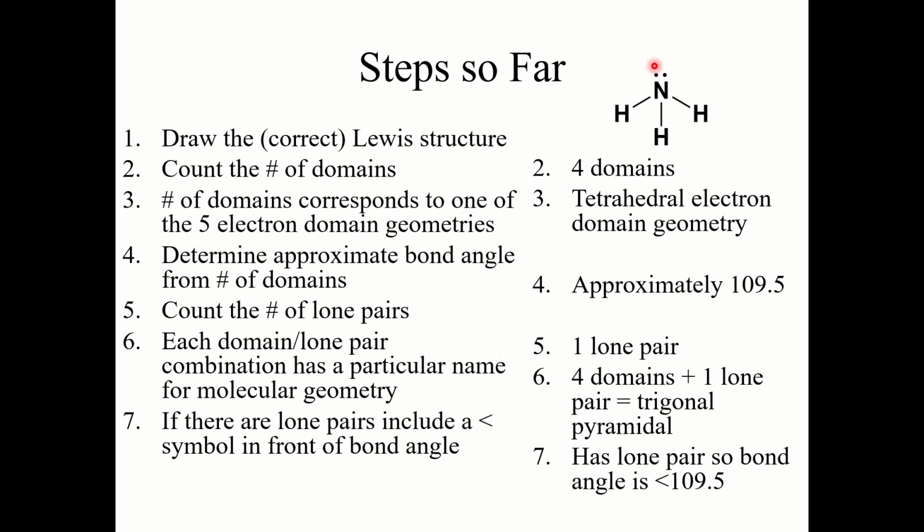So here, our correct Lewis structure for ammonia, we've got 4 domains, which gives us a tetrahedral electron domain geometry, which means the bond angle is approximately 109.5 degrees. However, we've got 1 lone pair, which means the actual molecular geometry is trigonal pyramidal, and so we're going to say the bond angle is less than 109.5 degrees.